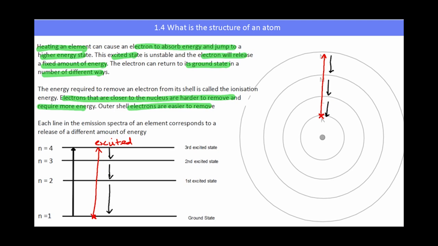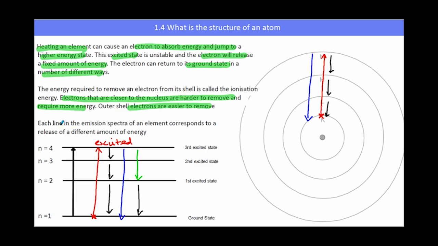And as it does that, it releases different amounts of energy. So to jump to the third excited state and then all the way back down, that's a lot of energy, so that might be a blue. Blue has a lot of energy. If it goes from the third to the first, well, that might be a little less energy, so that might be a green.